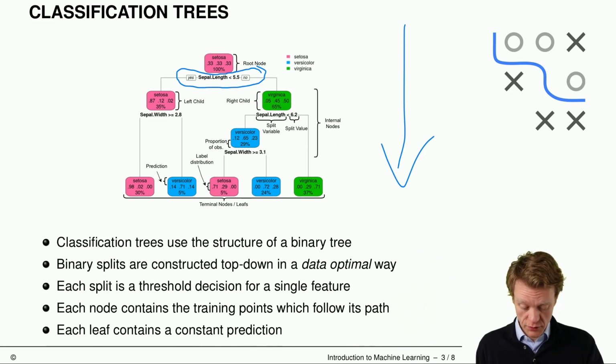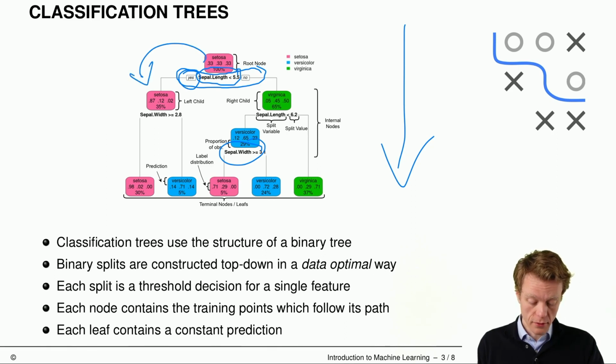Another feature we use here is the sepal width. And now if an observation has a feature value of sepal length smaller than 5.5, so if the answer to that question is yes, then it goes to the left child. If the answer is no, then it goes to the right child.